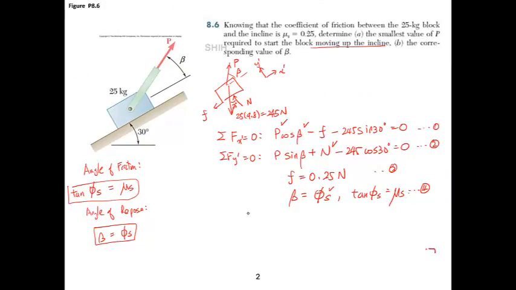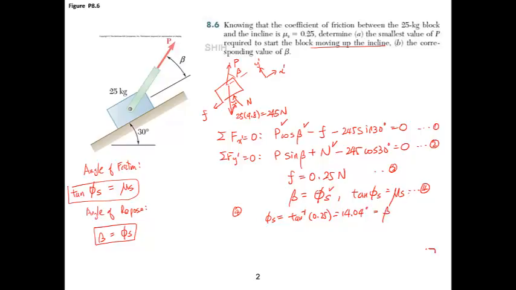If I simply use equation number 4 to solve for mu s, I can say my phi s is arctangent of 0.25, and that is equal to 14.04 degrees, and that is equal to my beta.